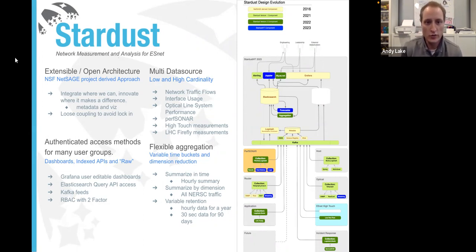One was that we tried to lean towards loose coupling of the pieces so we could easily swap things in and out as needed, whether new or better technology came along, or if we're adding new data, we wanted the flexibility to add what we needed to process those. We also tried to lean towards open source, so the idea is we could ultimately share a good chunk of what we came up with, because we know a lot of these challenges are not unique to ESnet.